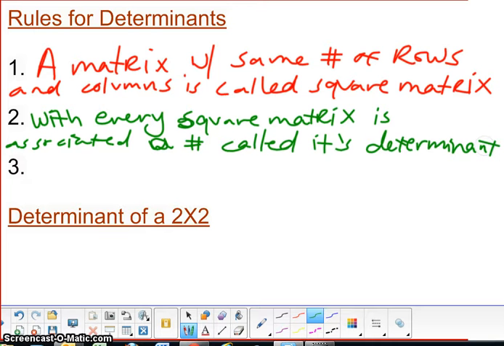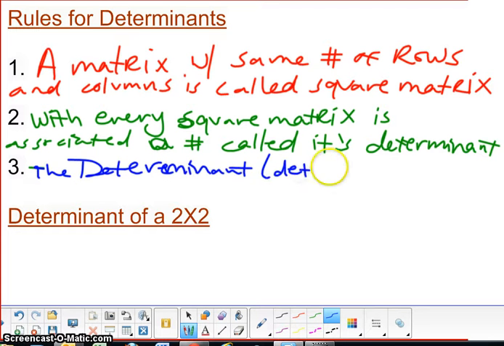And thirdly, the determinant is going to be abbreviated as DET. You may have noticed that on the calculator under matrices already.